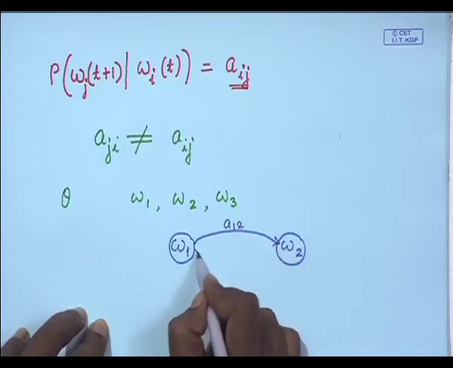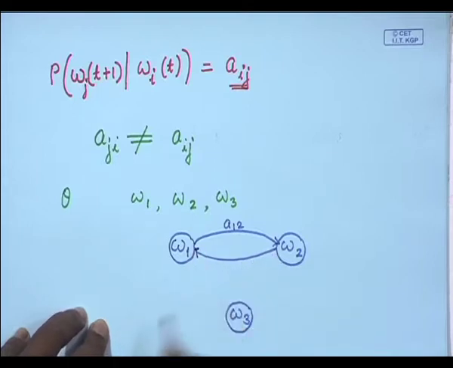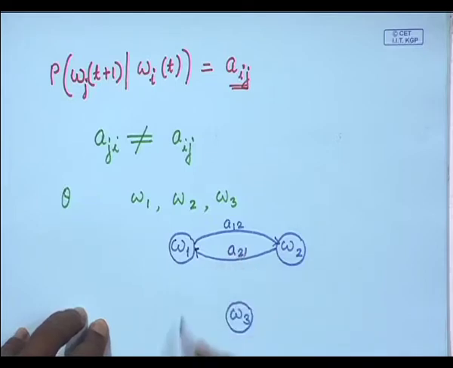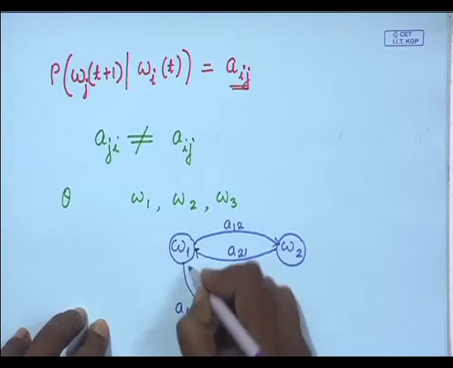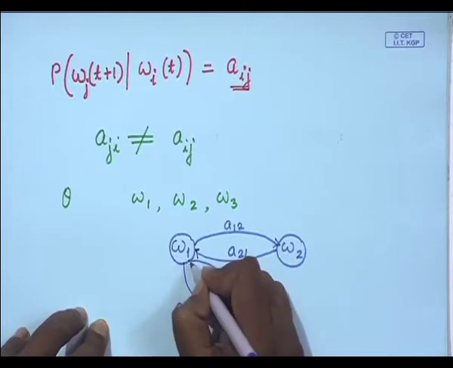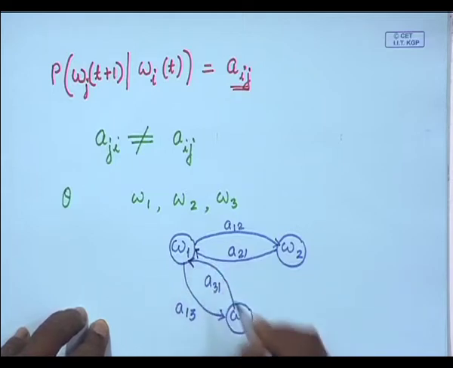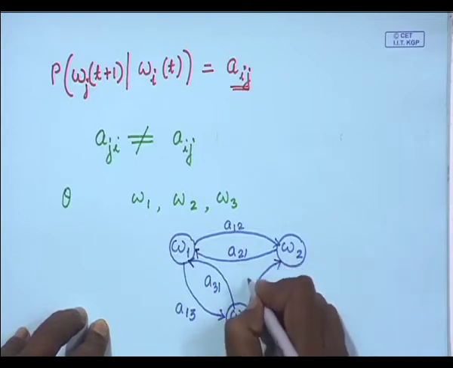It can make a transition from omega 2 to omega 1 with probability a_21, from omega 1 to omega 3 with probability a_13, from omega 3 to omega 1 with probability a_31, and from omega 3 to omega 2 with probability a_32.